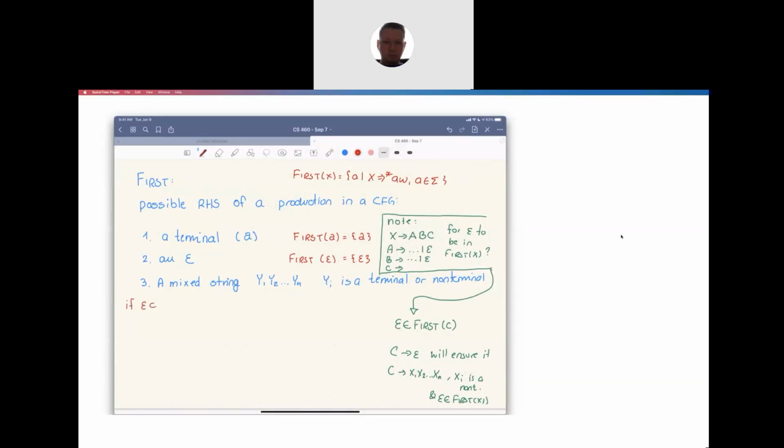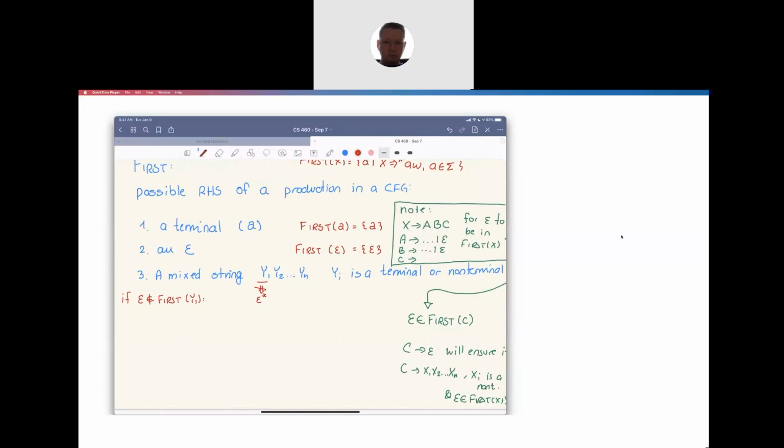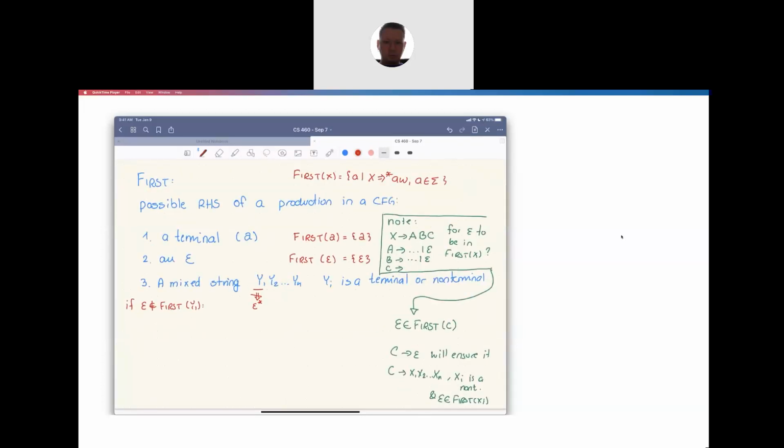If epsilon is not in the first of y1, so this very first guy here cannot derive epsilon, then surely the first of y1 dot dot dot yn is just the first set of y1. Is there anybody who's not happy with that?